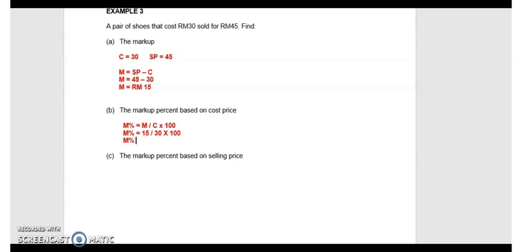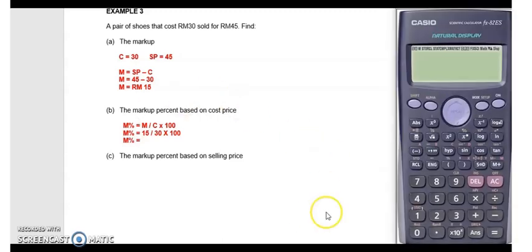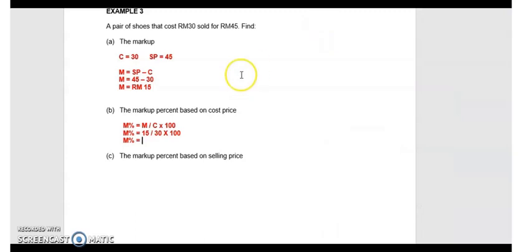So markup percent here is equivalent to how many percent? 15 divided by 30 times 100 is 50%. So it means that you take markup 50%. So 15 ringgit based on cost is also equivalent to 50%.